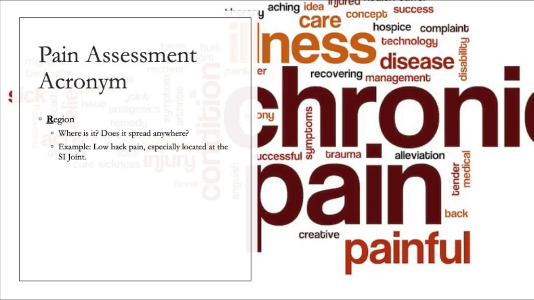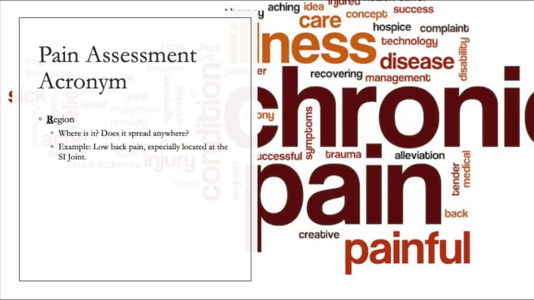The next one in our acronym is R for region. So we want to know, where is it? Does it spread anywhere or does it stay there? So is it radiating? For example, they're complaining about this sharp lower back pain that is more prominent when they're twisting.